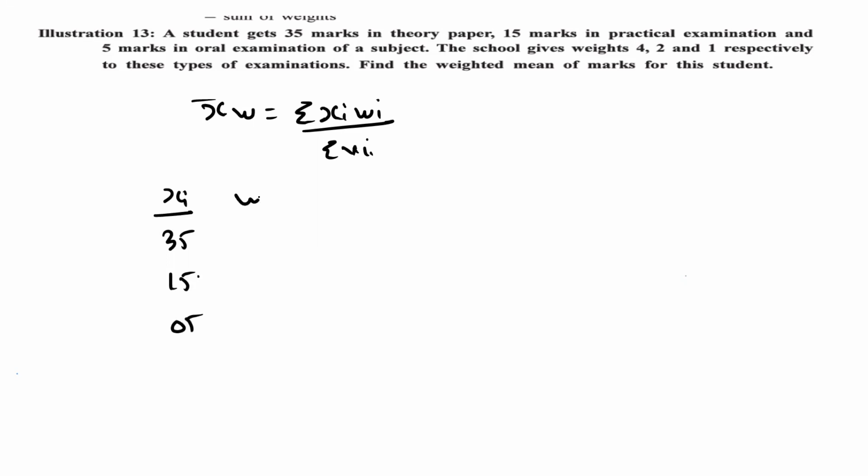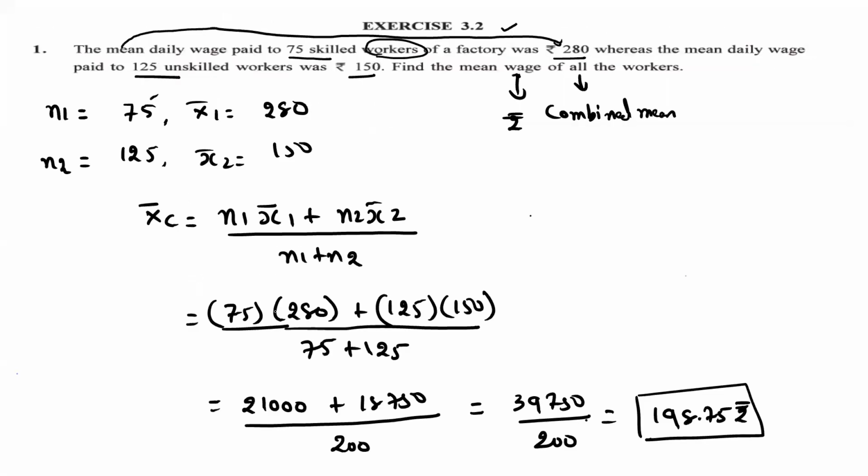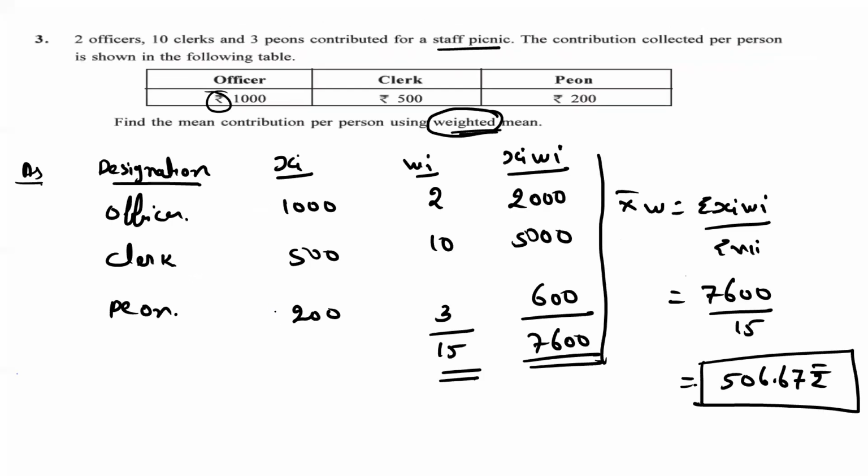What is your wi? wi is 4, 2, 1. Yes, so you just have to multiply and you will get the answer. Okay, so I'm moving to the next one. That is also over, 3.2 we have completed. Yes, this one, new question.